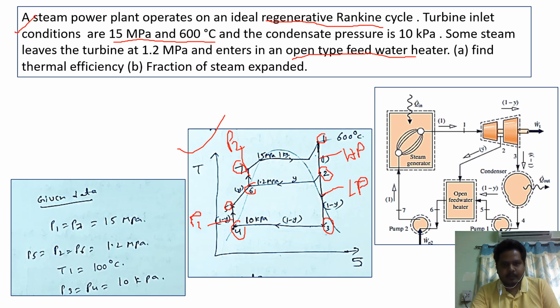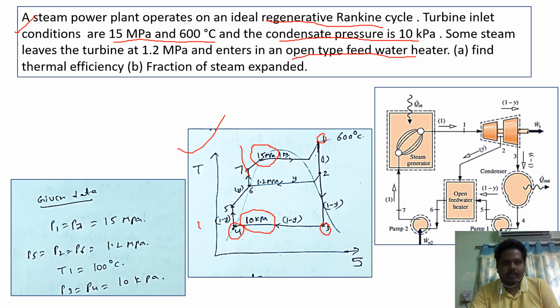So here 7 to 1 is the heat addition process, with pressure 15 megapascal and temperature 600 degrees centigrade. Also, the condensate pressure is 10 kilopascal, so 3 to 4 is the condensation process at 10 kilopascal.